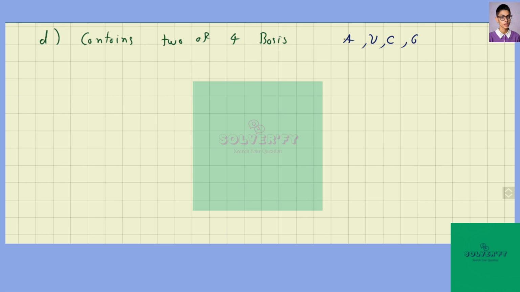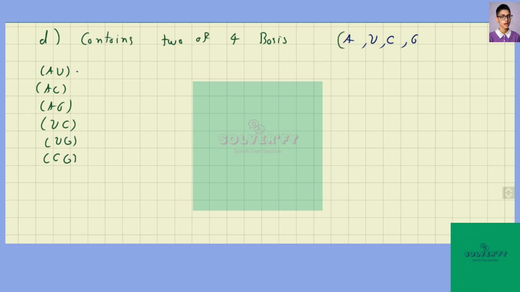So how many combinations of two letters can we form? We can form AU, AC, AG, then UC, UG, and finally CG. So these are all the possible pairs of these four bases that we can form.